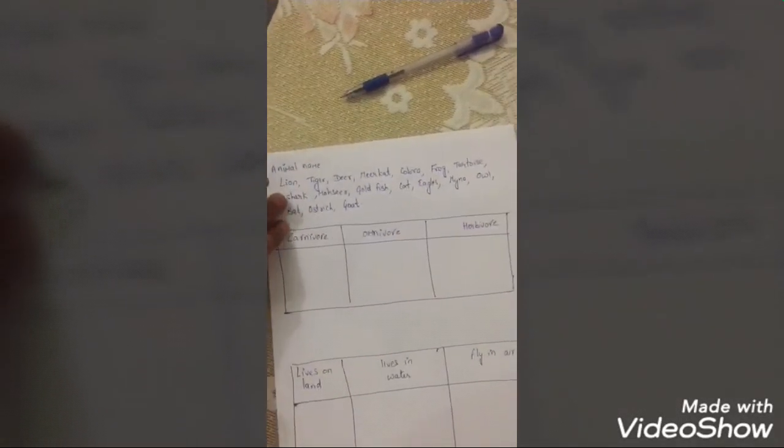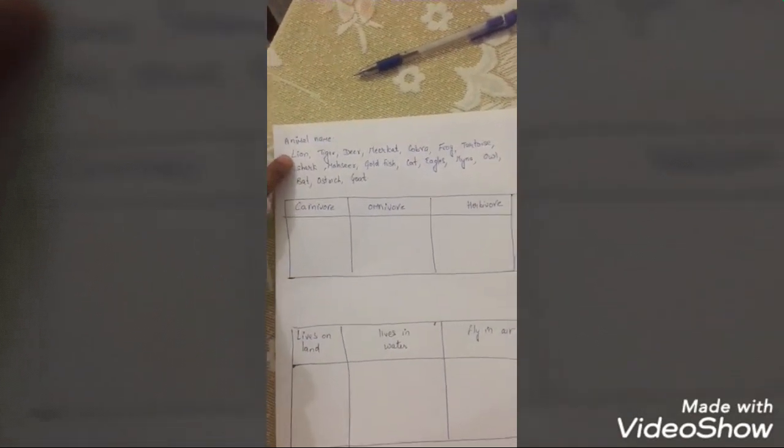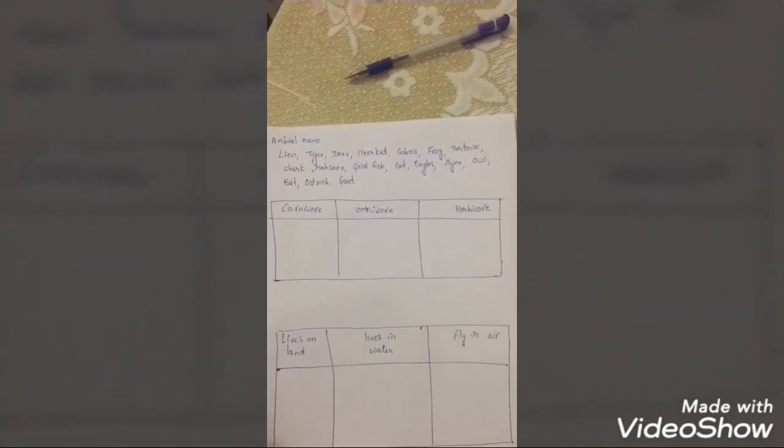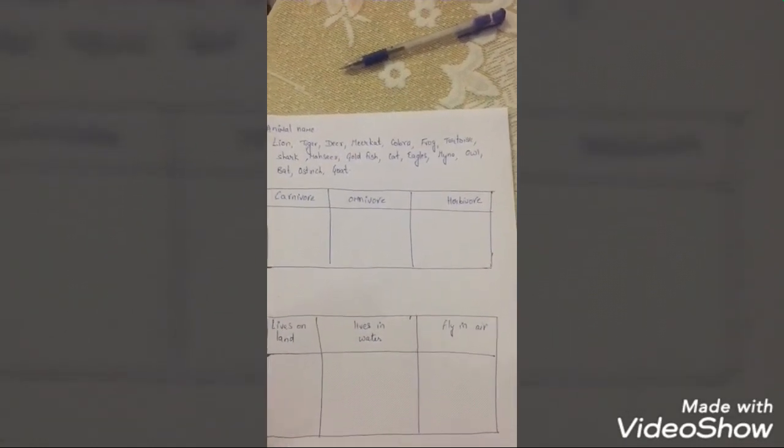So I have written all the animals' names here. You have the pictures in your worksheet, but I would like you also to write the animal's name as I have written, because the pictures that you have are going to be used in your future activity also, so you need to keep them safe.